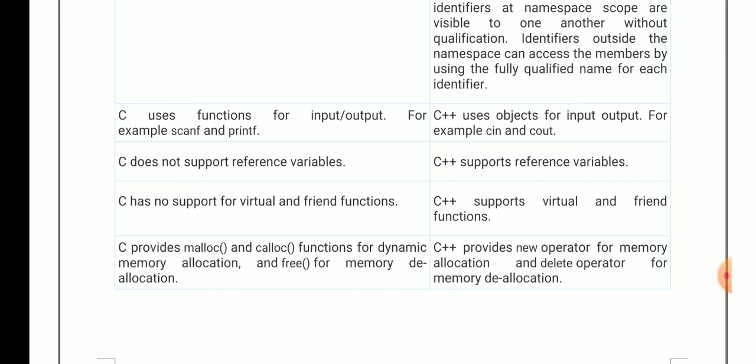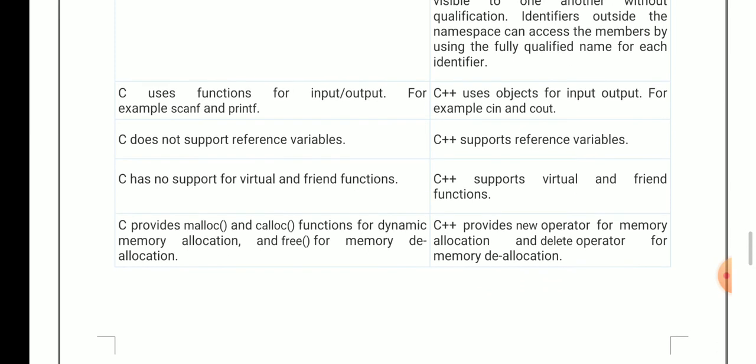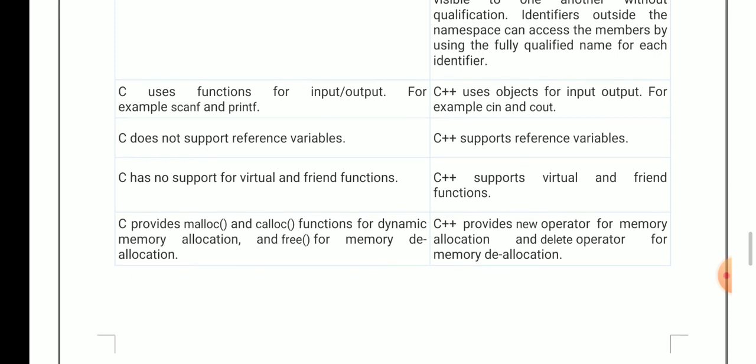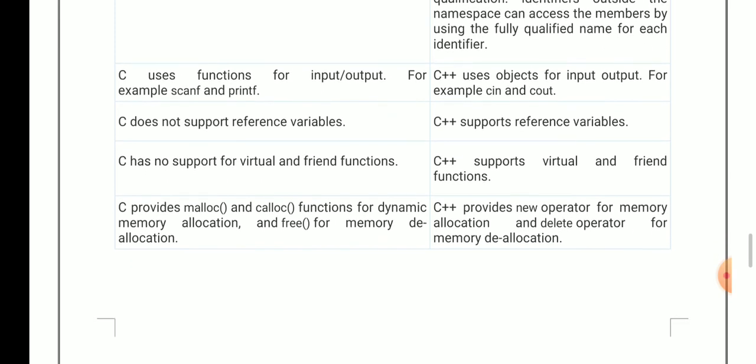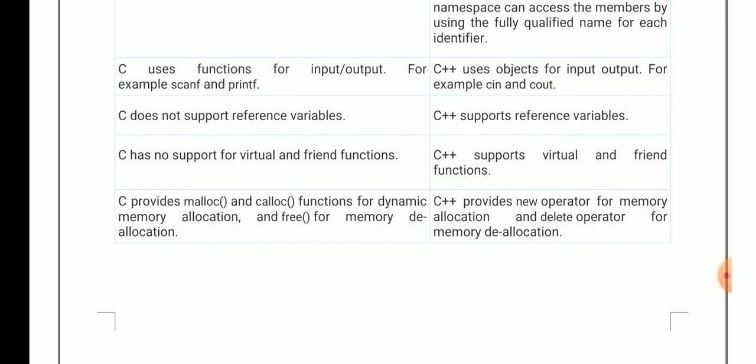Another difference between C and C++ is that in C language for inputting we use scanf and for outputting we use printf, but in C++ for inputting we use cin and for outputting we use cout.